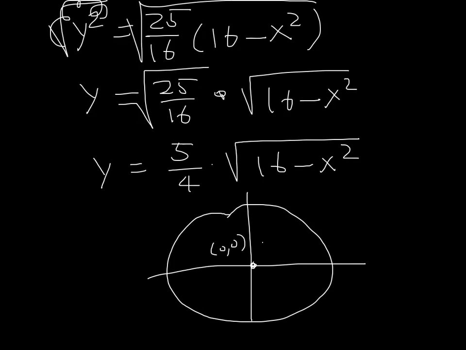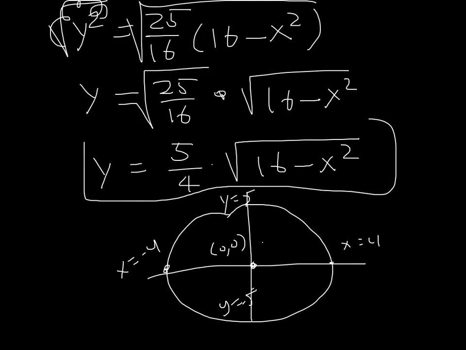We also know that there are intersecting points at x equals negative 4 and x equals 4, as well as y equals 5 and y equals negative 5. Now, the equation above only gives us the shaded area of the ellipse.